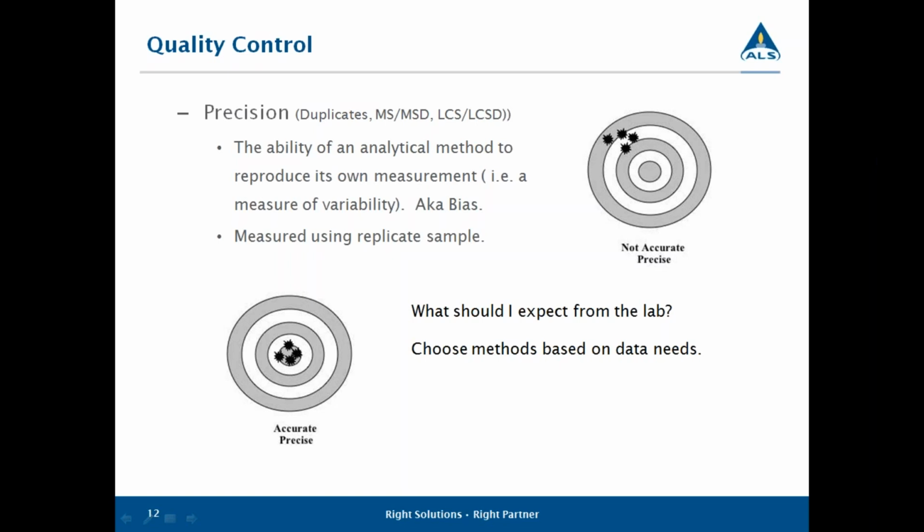So with precision, it measures the ability of an analytical method to reproduce its own measurement. In other words, bias. And that's done by measuring replicate samples, or by measuring replicate quality control parameters like matrix spikes or LCSs. So what should you expect from the lab?